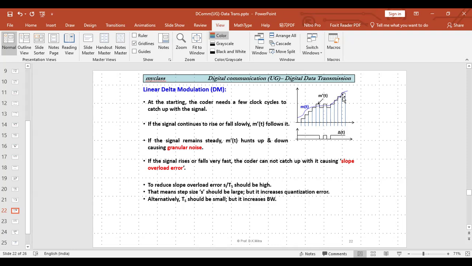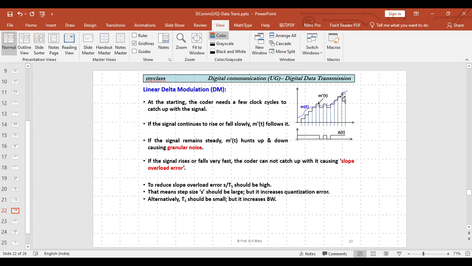And how much this step can rise is designed. Maybe you have designed each sample at 1 millisecond, and the rise limit at 1 millivolt. That means if the signal is rising, then at each millisecond, your measured signal will rise by 1 millivolt.